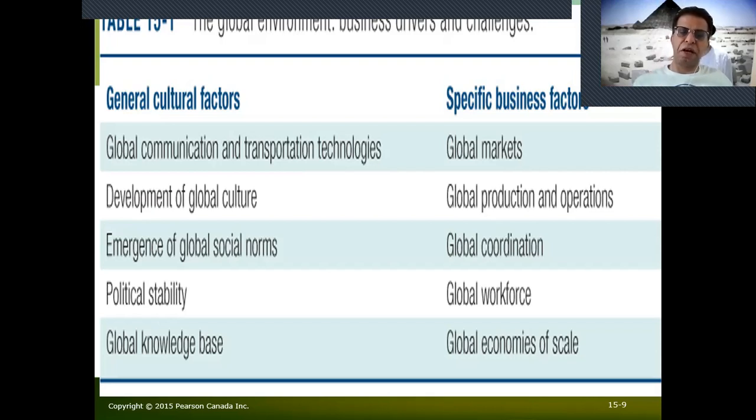The general cultural factors are things like global communication and transportation technologies, the development of a global culture, the emergence of global social norms, political stability, and the global knowledge base. The specific business factors are the global market, global production and operation, whether there is global coordination, whether we have a global workforce, and definitely global economies of scale.